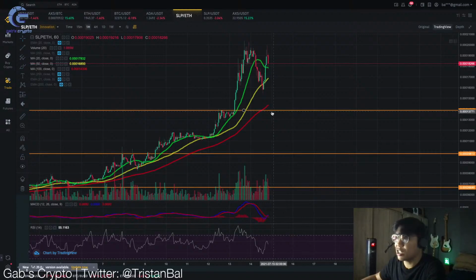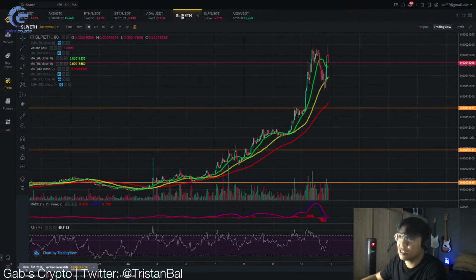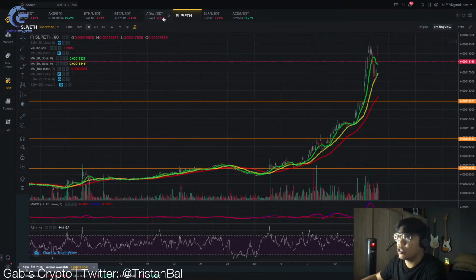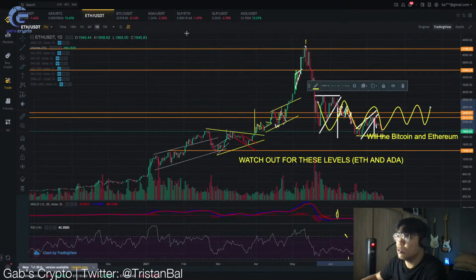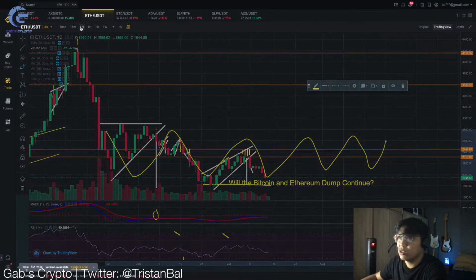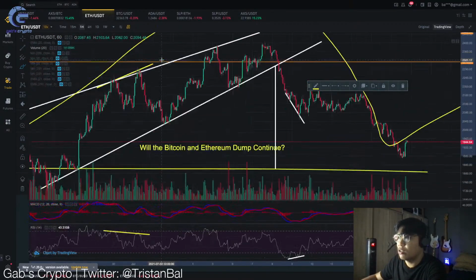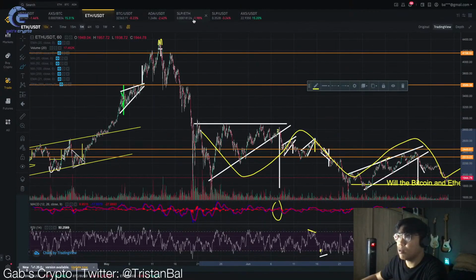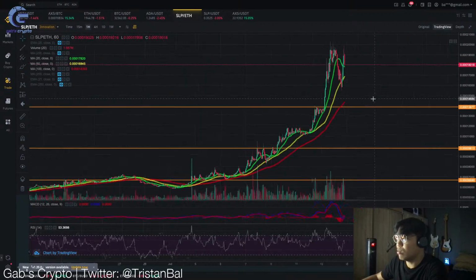And that actually checks out with the SLP to Ethereum pairing. So ayan no, dahil nag-consolidate si Ethereum dito sa ating short term, tingnan mo sa 1 hour, nag-consolidate si Ethereum, nakakita tayo ng pump for SLP to Ethereum action.